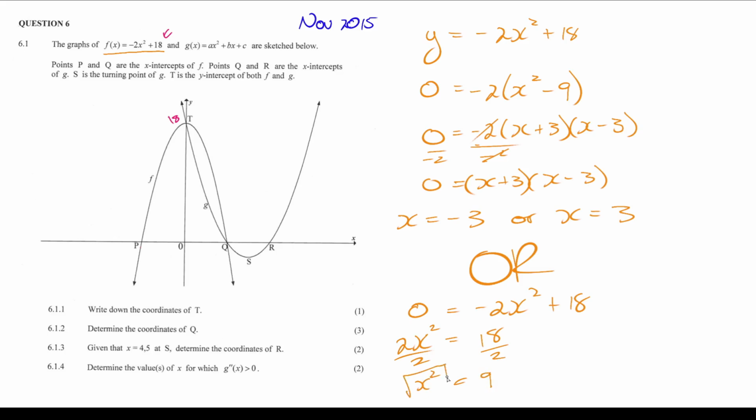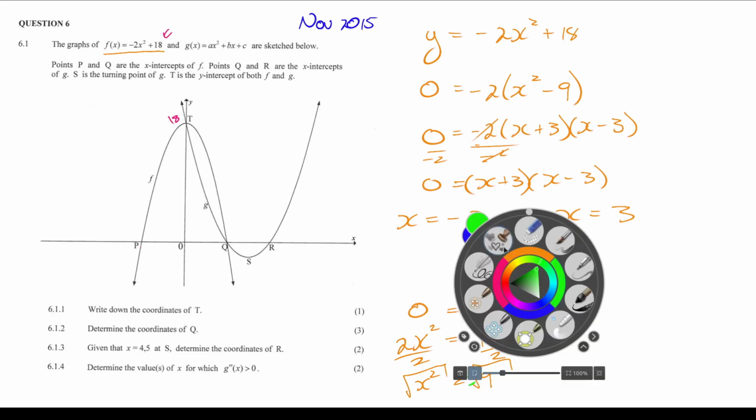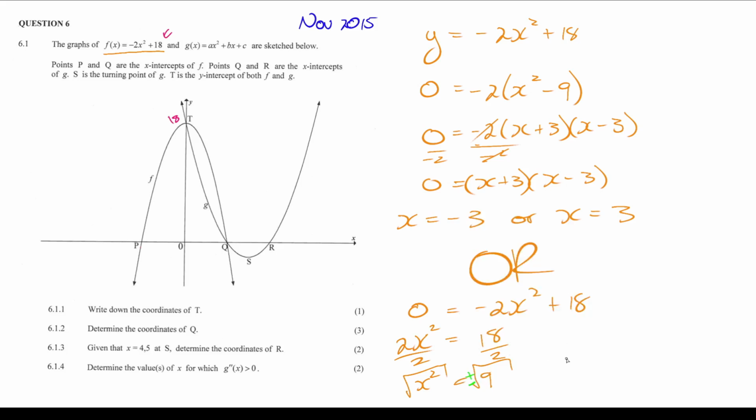We take the square root, but you have to remember that it needs to be a plus and a minus the square root of 9. Then you end up with x equals plus or minus 3. You can write it like this, or you can write x equals 3 or x equals negative 3. Those were your two methods to solve here.